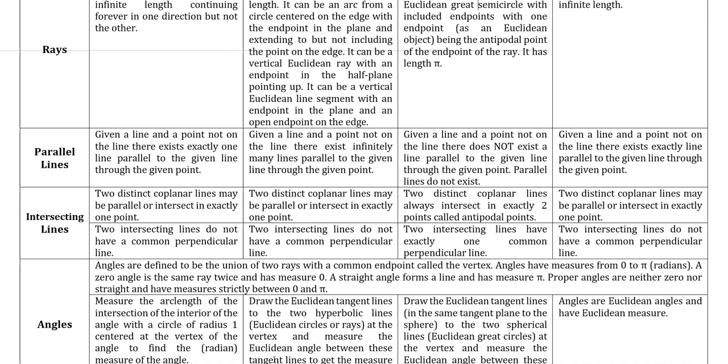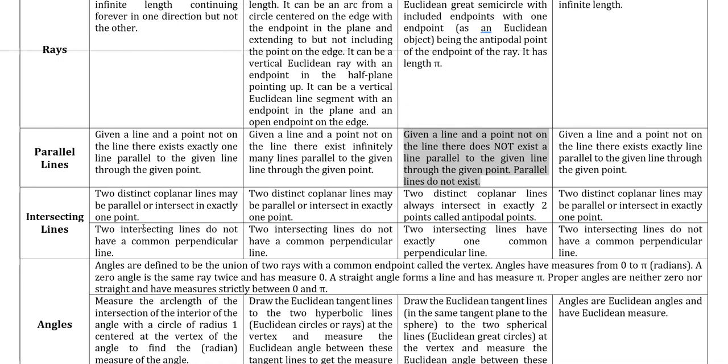In hyperbolic geometry, given a line and a point not on the line, there exist infinitely many lines parallel to the given line through the given point. Whereas in spherical geometry, there does not exist any line parallel to the given line through the given point. Parallel lines do not exist.